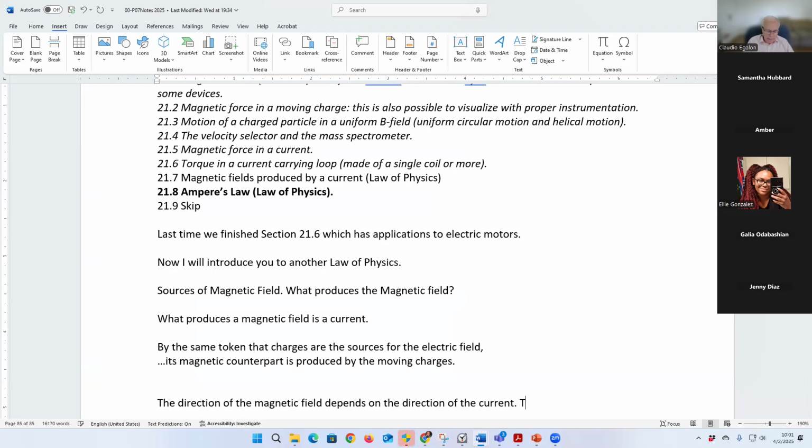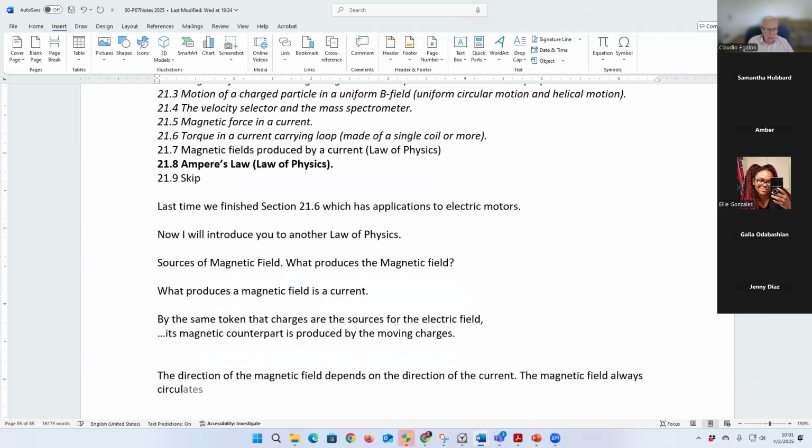The magnetic field always circulates around a current carrying wire, and its direction is given by the right hand rule, RHR.